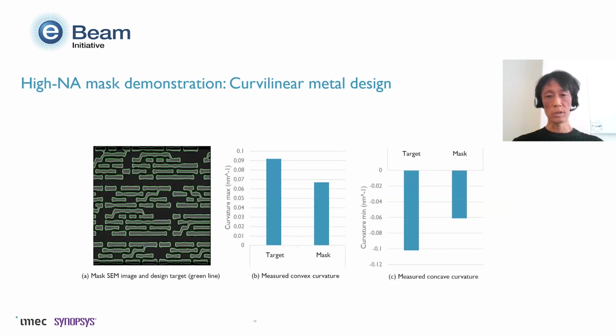The results show a good agreement between the mask design and the manufactured mask shapes. More importantly, curvature information can be quantitatively extracted from the actual product-like layouts, as shown here in mask SEM images. This capability enables curvature-based process monitoring and may become an important component of the future curvilinear mask qualification methodology.